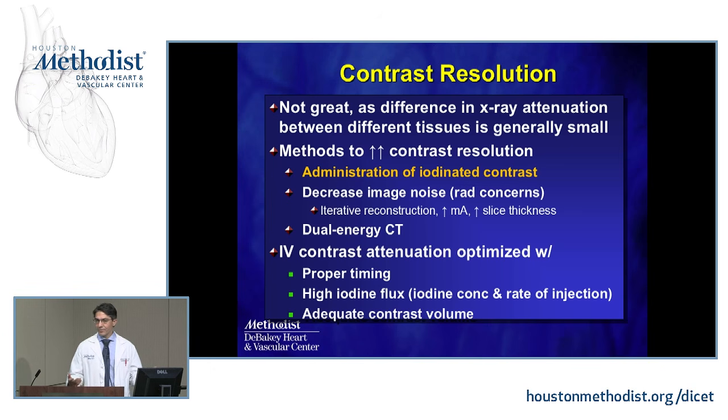For us, you've got to give contrast, period. There are newer techniques coming out. Dr. Chang will probably hit on this as well in his more advanced talk, these dual energy techniques, where you can determine tissue characteristics based on how a tissue behaves under different photon energies. But that's a discussion for another day.